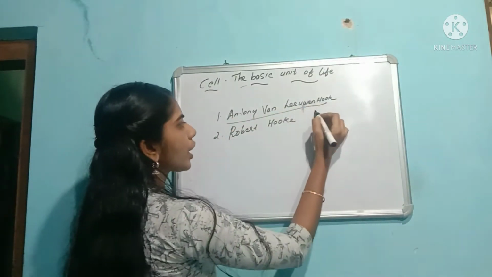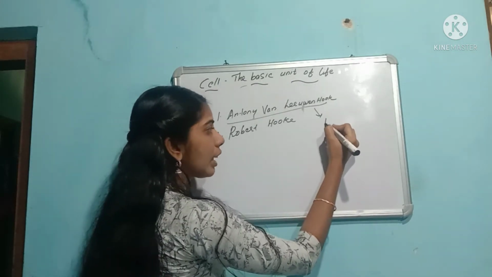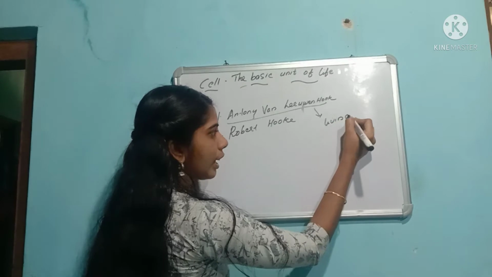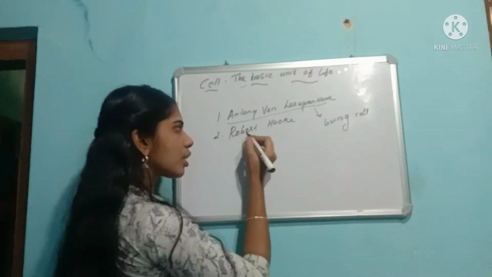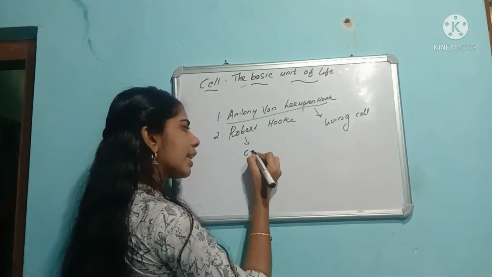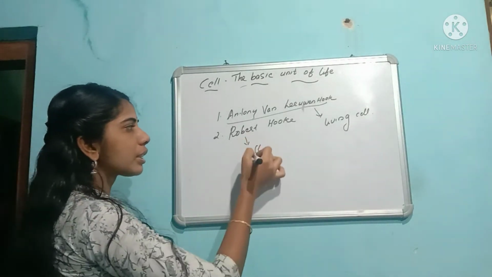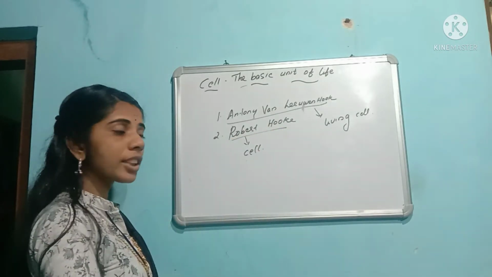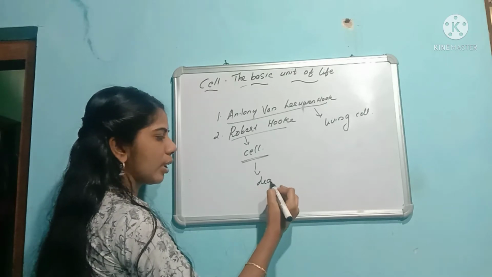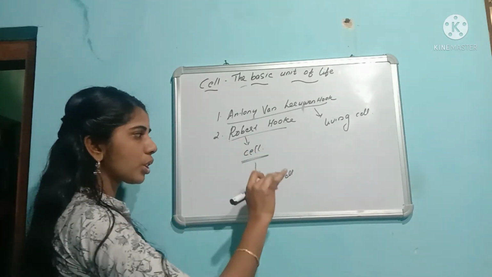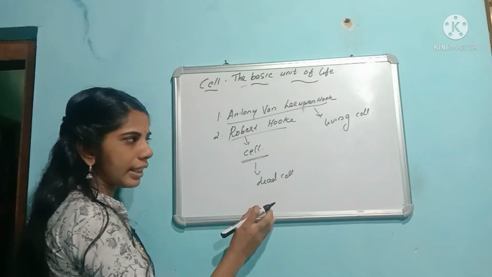Antony von Leeuwenhoek observed the living cell for the first time. Is it clear? He is the person. Robert Hooke is the scientist who observed the cell, but he observed only the dead cell. Robert Hooke observed the cell for the first time, but it was a dead cell.